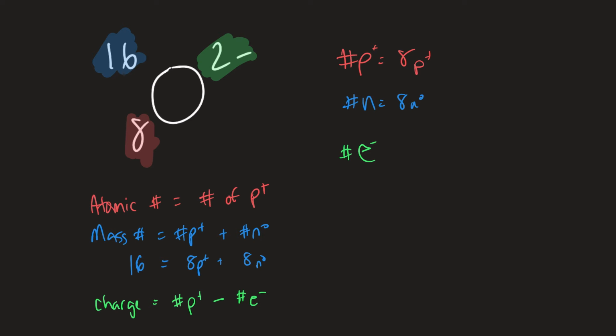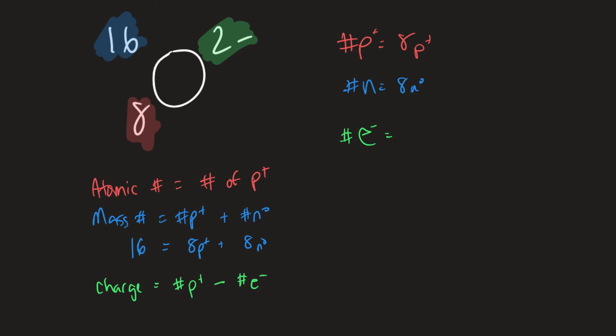So in this case, if your charge is -2, we already know we have 8 protons, as we figured out from the first step. Then the question is 8 minus what is equal to -2? A little bit of algebra, right? We're solving for x, kind of.